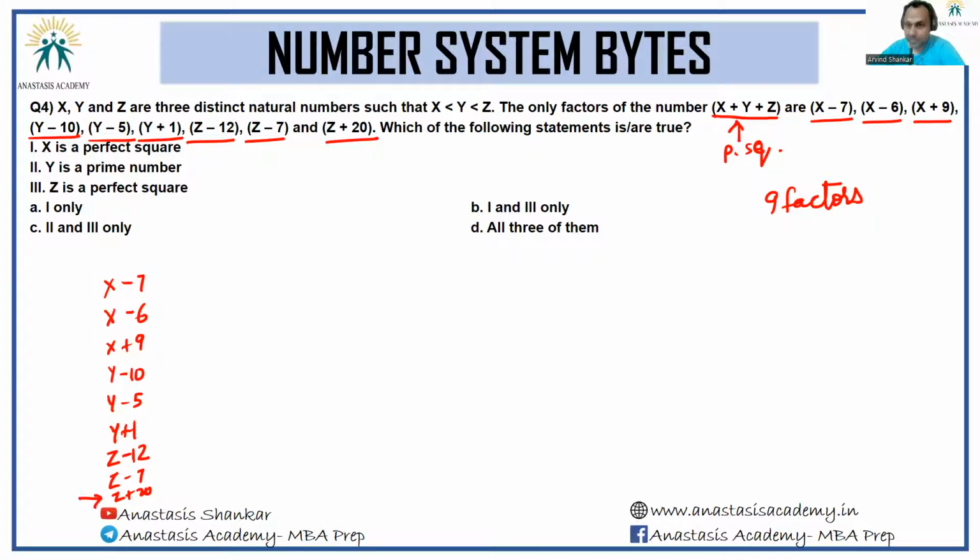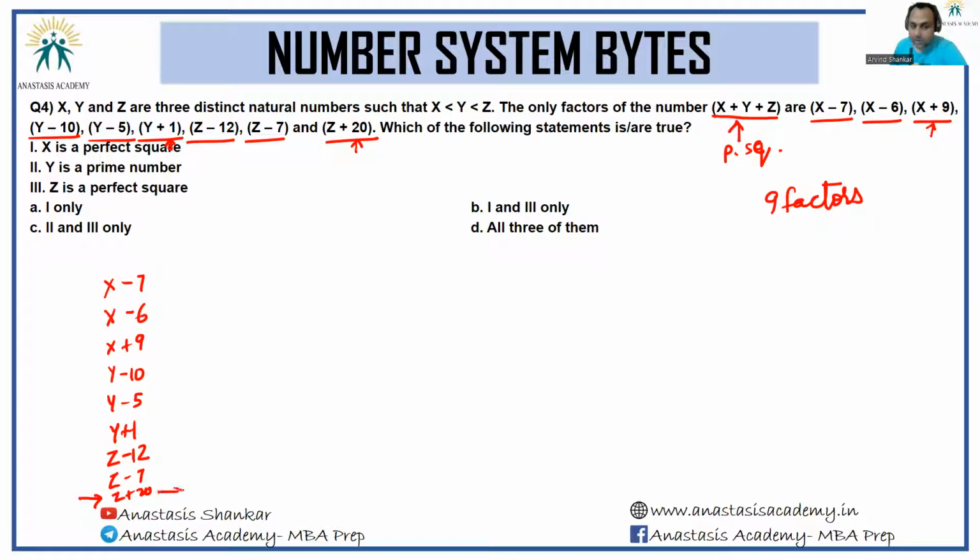Z plus 20 is the largest factor because z was greater than y was greater than x. So using x, this is the largest factor. Using y, this is the largest factor. And using z, this is the largest factor. 20 is greater than 1, 20 is greater than 9, and z is greater than y, z is greater than x. So this is the largest factor.